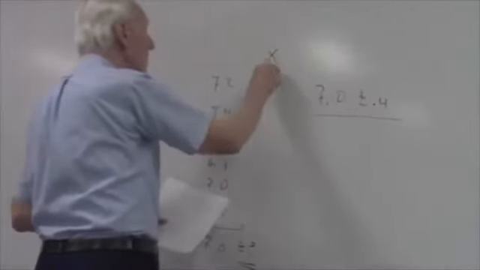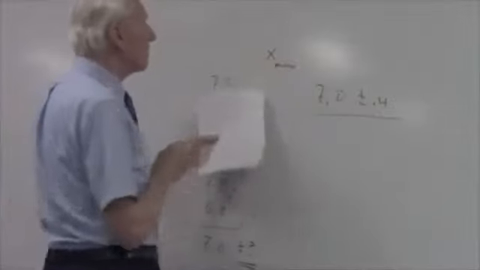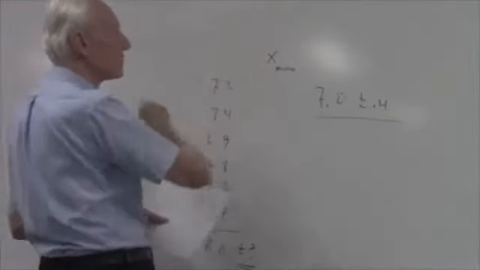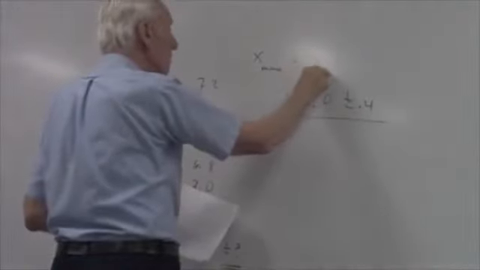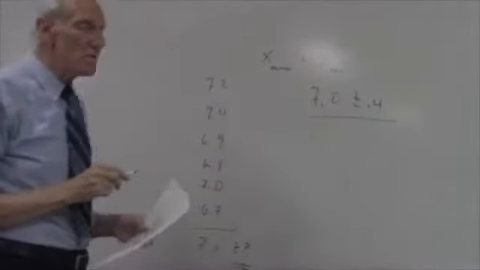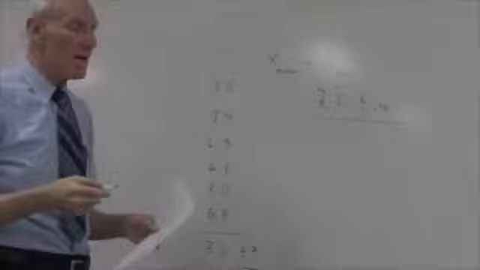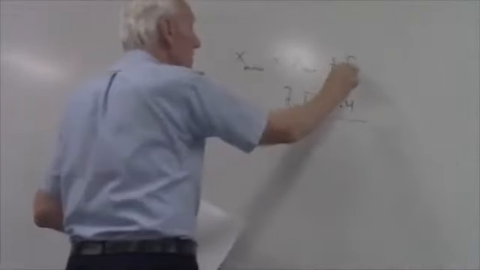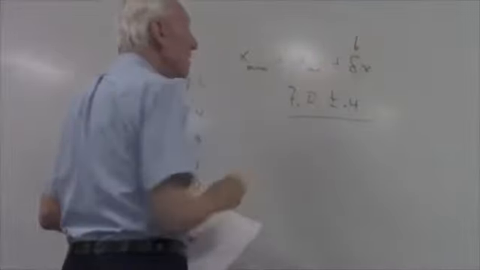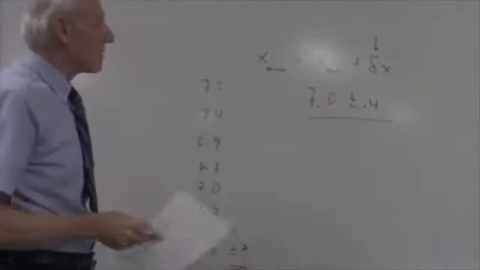So I'm going to say my measured value is x average. The average value is the best value, plus or minus the uncertainty in x, in the value, whatever it is.